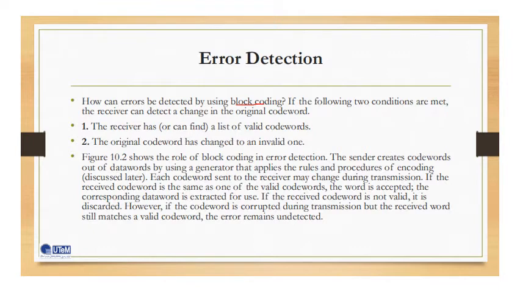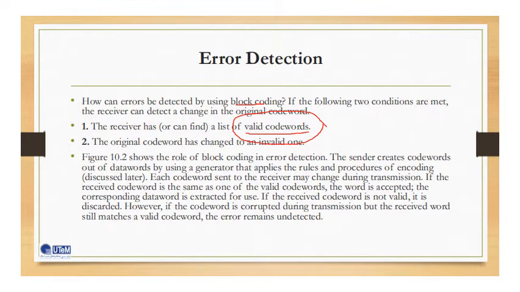Error detection. How can errors be detected by using block coding? If the following 2 conditions are met, the receiver can detect a change in the original code word. So what are the conditions? The first is that the receiver has a list of valid code words.